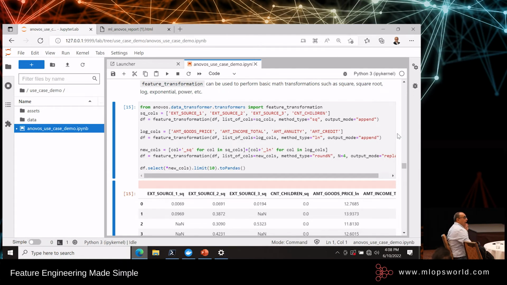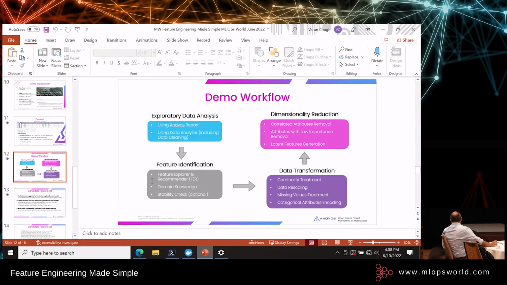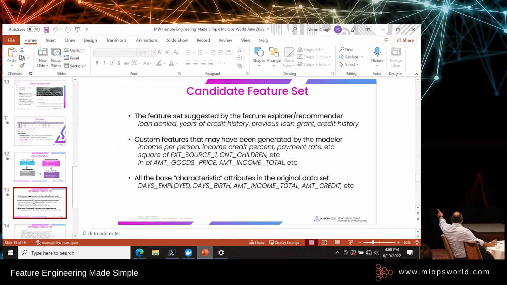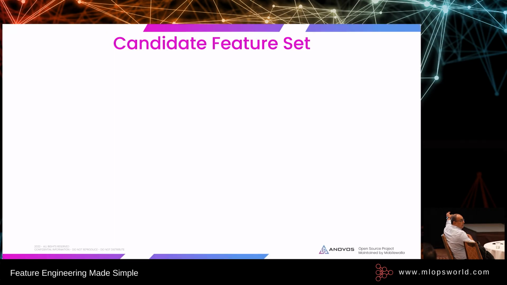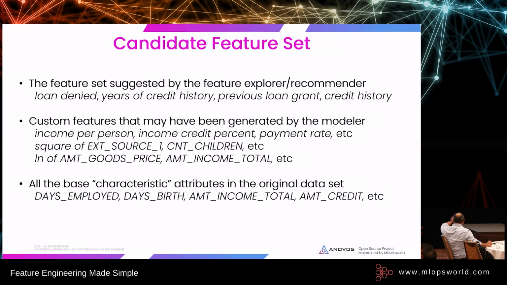Now, Varun, if you show the slide. At the end of this step, we now have your candidate feature set, right? Canonically, we recommend it consists of three things. The first is the features suggested by the feature recommender. Second, you might have your own custom features.